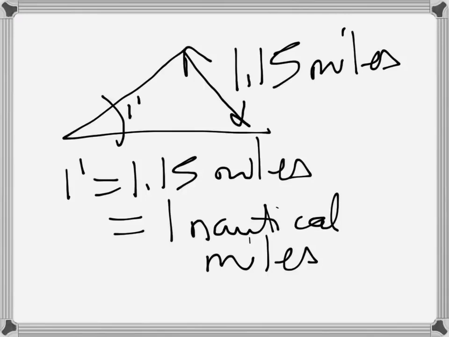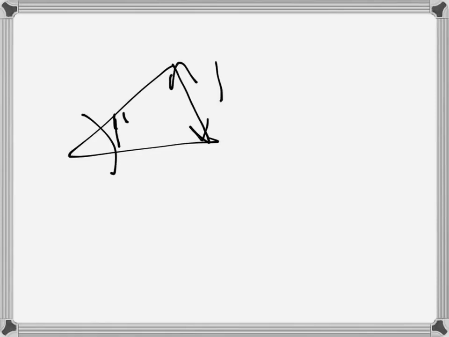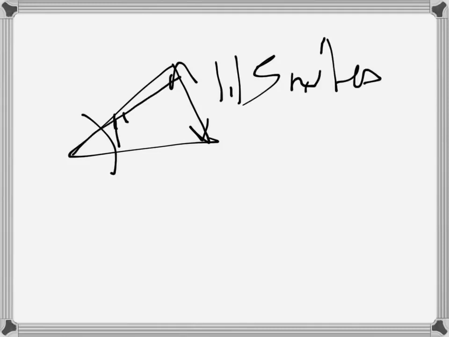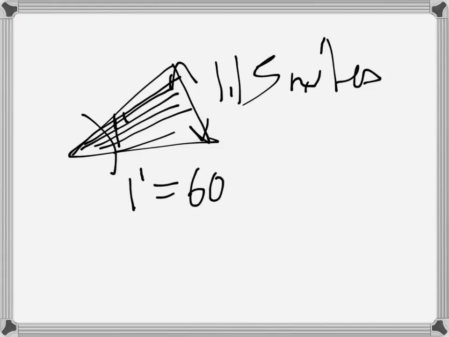Okay, so we know that 1 arc minute equals 1.15 statutory miles, which of course equals a nautical mile. We can break down that 1 arc minute into 60 equal parts. So 1 arc minute equals 60 arc seconds, and we know that that equals 1.15 miles.